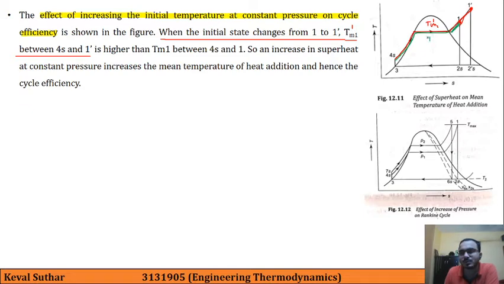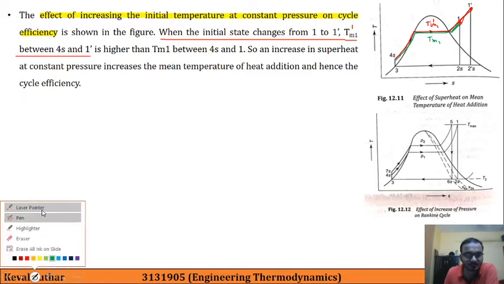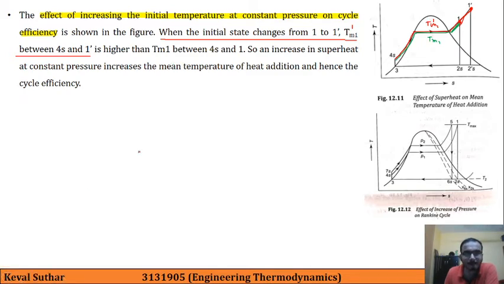So this is only Tm1 for this. Obviously Tm1 prime is higher than Tm1. So an increase in superheat at constant pressure increases the mean temperature of heat addition, and hence the cycle efficiency is also increasing.